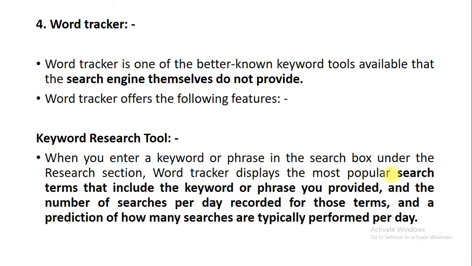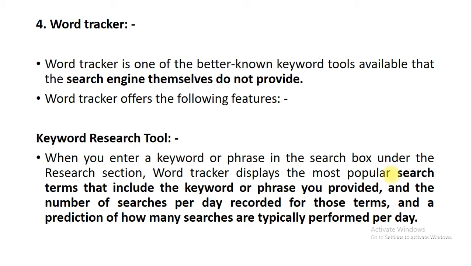Next is called Word Tracker. Word Tracker is a better known keyword tool, available apart from the search engines themselves. Word Tracker always offers the following features. Number 1, the keyword research tool.